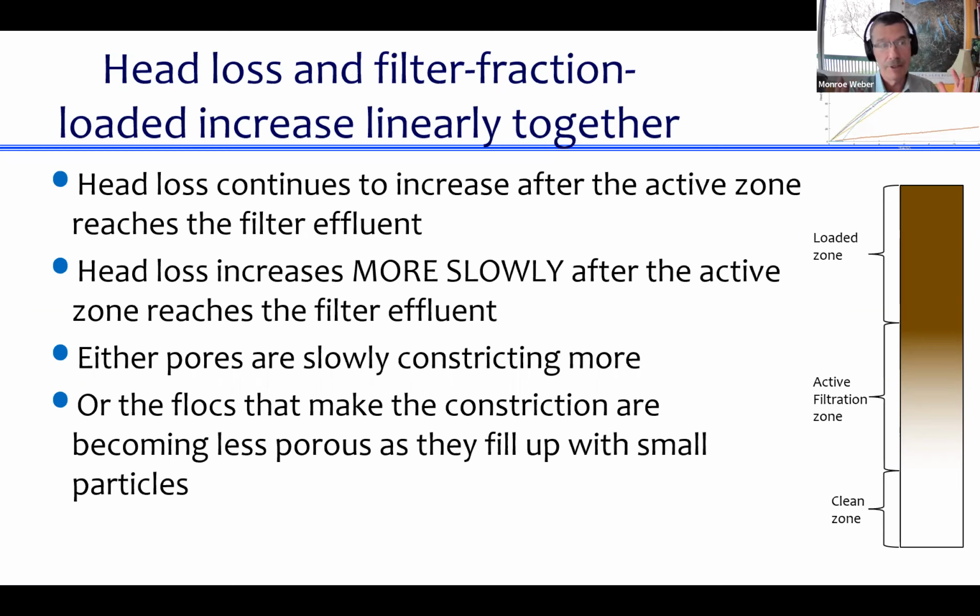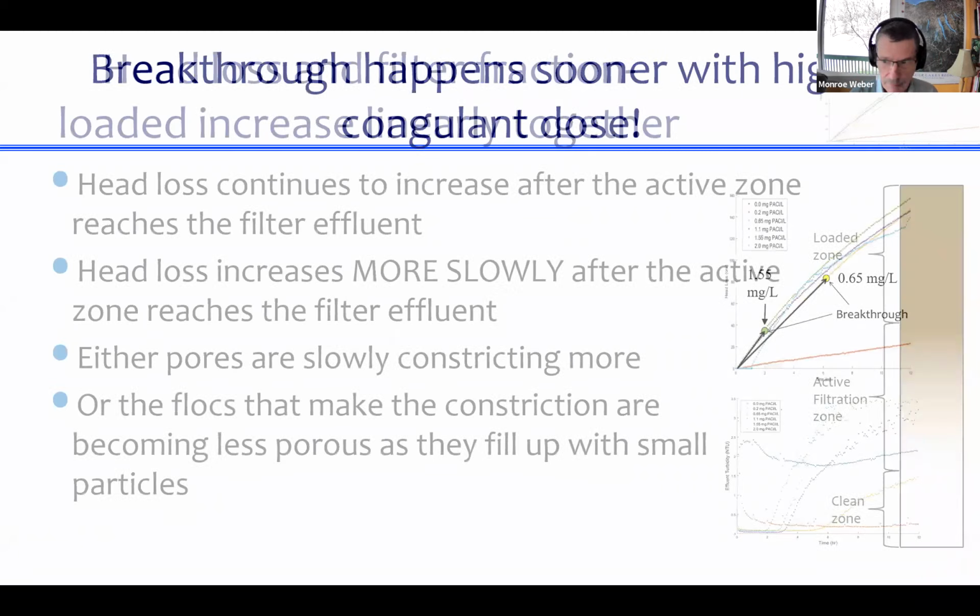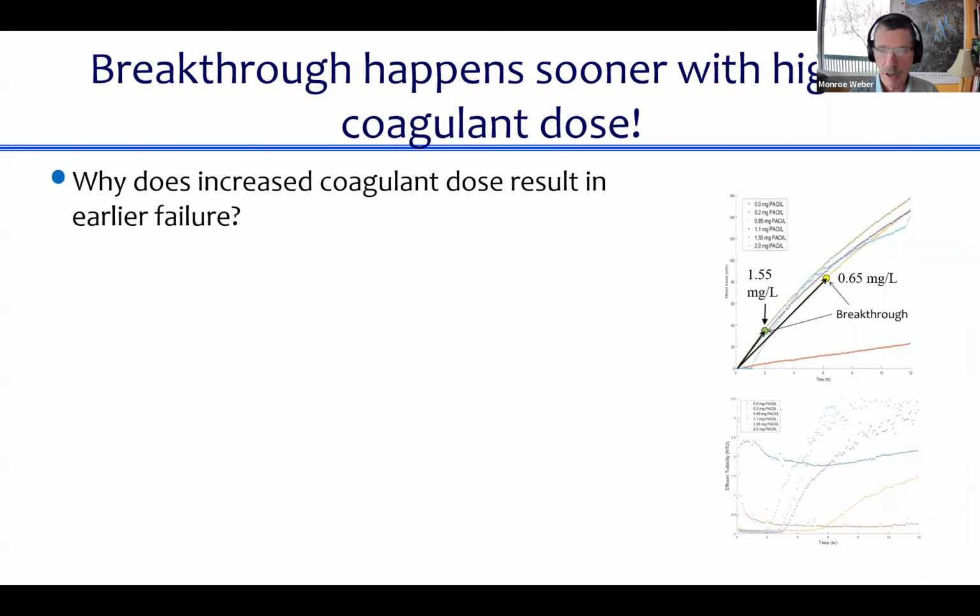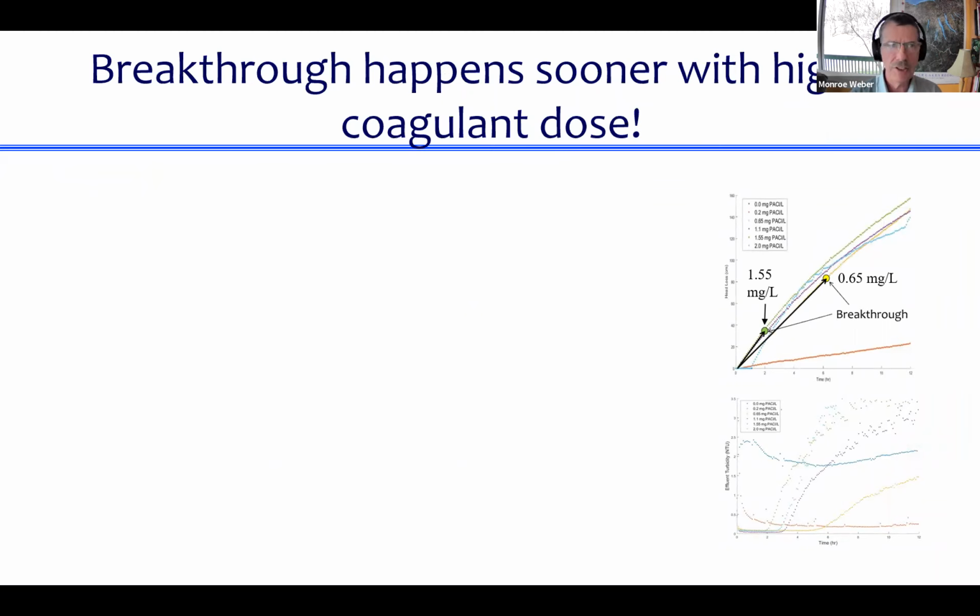Remember, in floc filters, some of the water is flowing right through the floc, and the floc is slowly becoming less porous because particles are being captured inside that floc. So maybe the same thing is happening here. Do I have a video of this? No, I have an animation at some point soon about this.